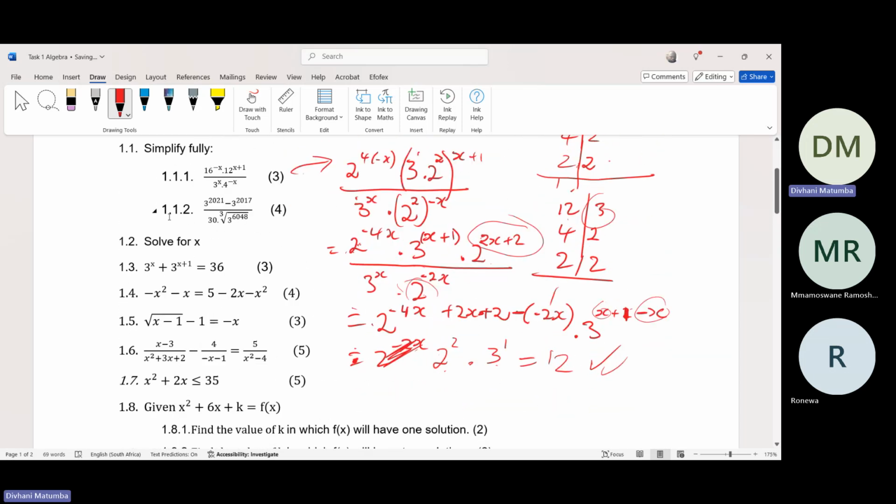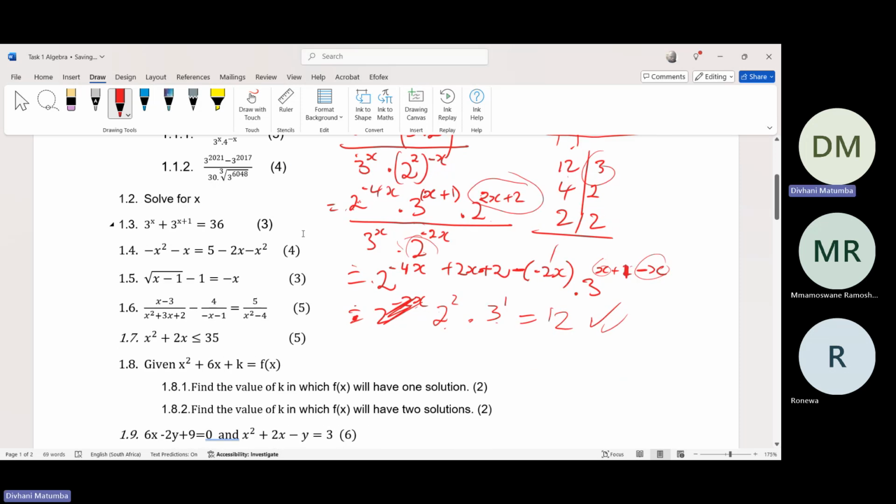Okay, now 1.1.2. Does it look complex? A little bit. Okay, let's give it a try. 1.1.2. 3 to the power of 2021 minus 3 to the power of 2017, all divided by 30.